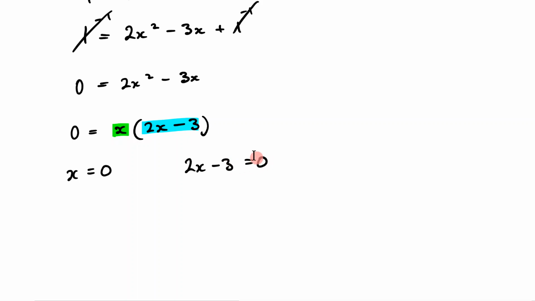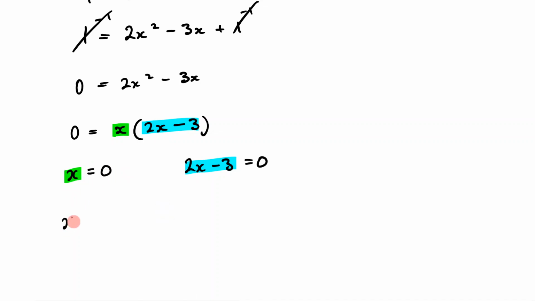So hopefully you can see what I've done there. I've taken both sides of this and I've set them both equal to 0. So here I have x is equal to 0, and then I also have 2x minus 3 is equal to 0. Because remember, this is the null factor law, which tells us that if we're multiplying two things together and my outcome is 0, then one of these has to be 0. So these are the two things we have to solve for.